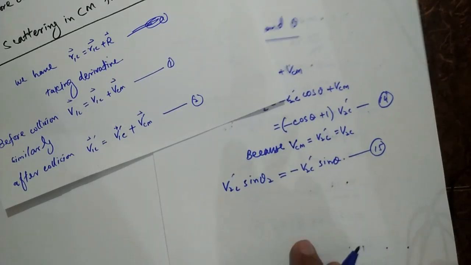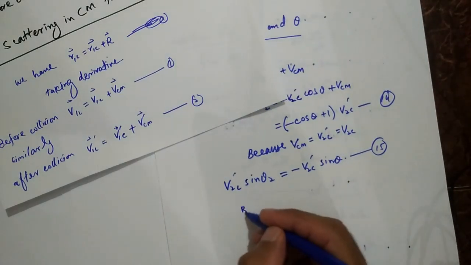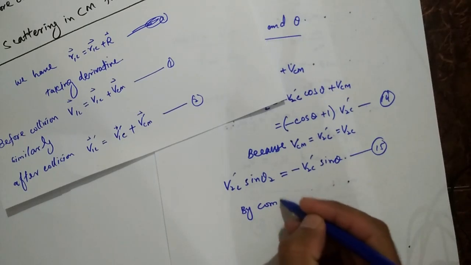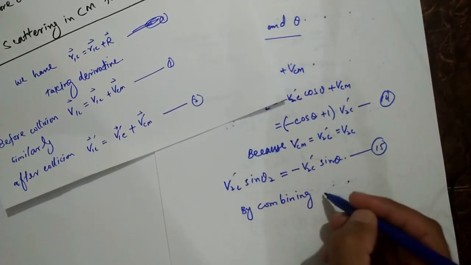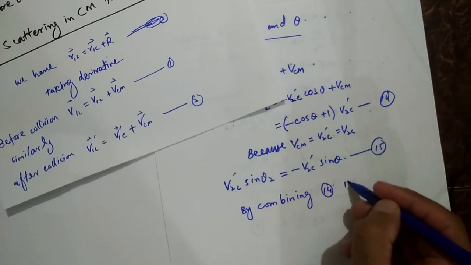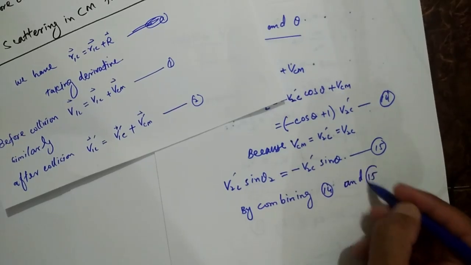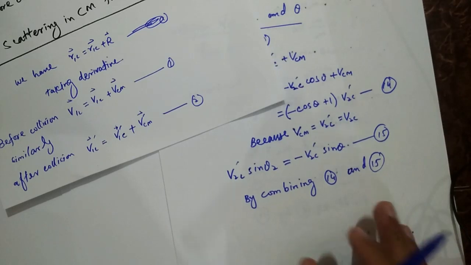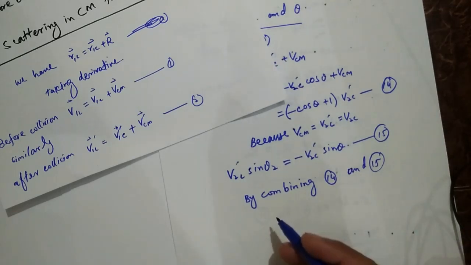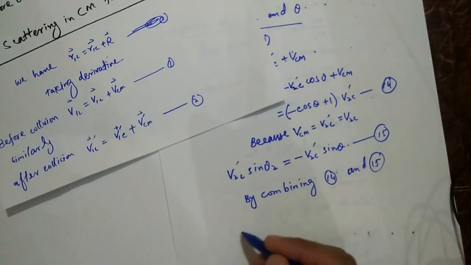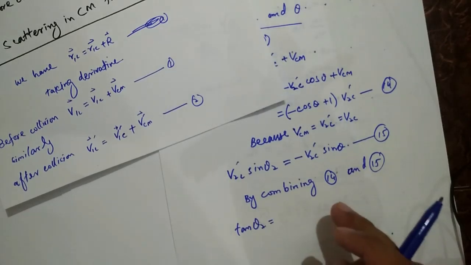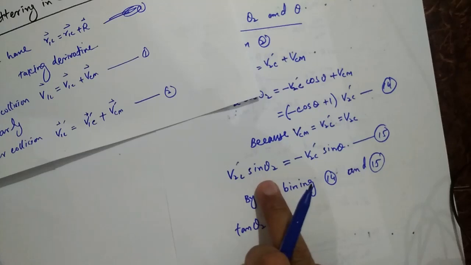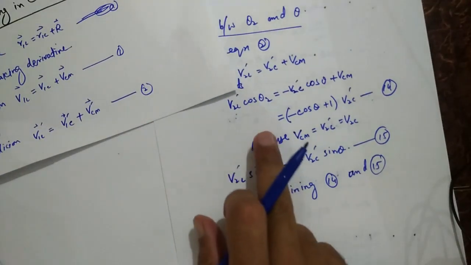By combining these two equations, equation number 14 and 15, I will only write the result. Tangent theta 2 is simply obtained by dividing equation 15 by 14.